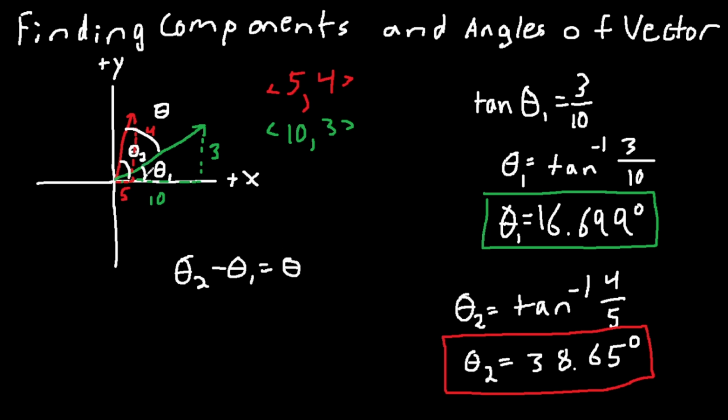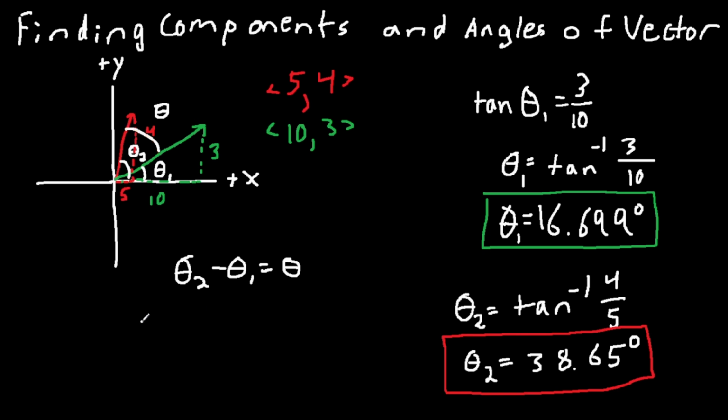The reason is that theta 2 goes all the way down to the positive x-axis, and theta 1 is just the extra part that we don't need. So when you subtract theta of 1 from theta of 2, you get this angle right here, regular theta.